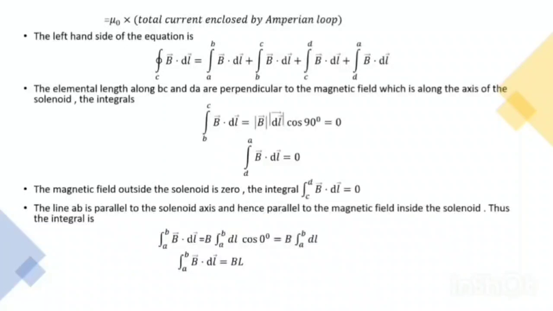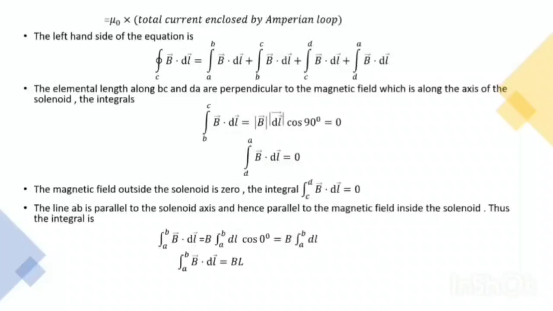Here we equate the second and fourth terms to 0 because the length elements along BC and DA are perpendicular to the magnetic field, which is along the axis of the solenoid. Therefore, the integral from B to C of B vector dot dl vector is equal to modulus B vector, modulus dl vector, cos 90 degrees.